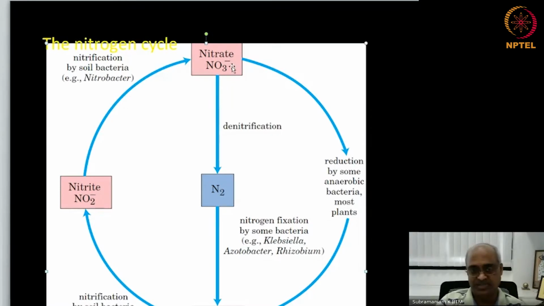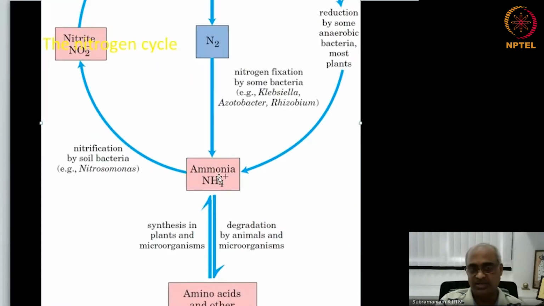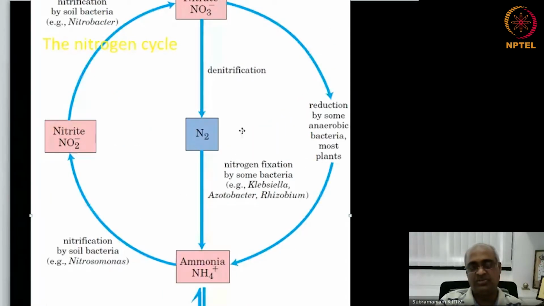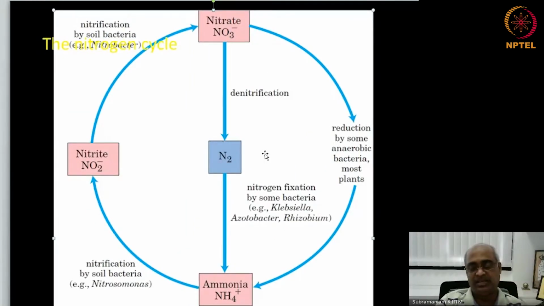We do not use nitrate. We do not use ammonia either. We only use it in the form of amino acids given to us by the plants. So any of you who think you get your protein from meat, you should think again. Animals get the protein from plants.